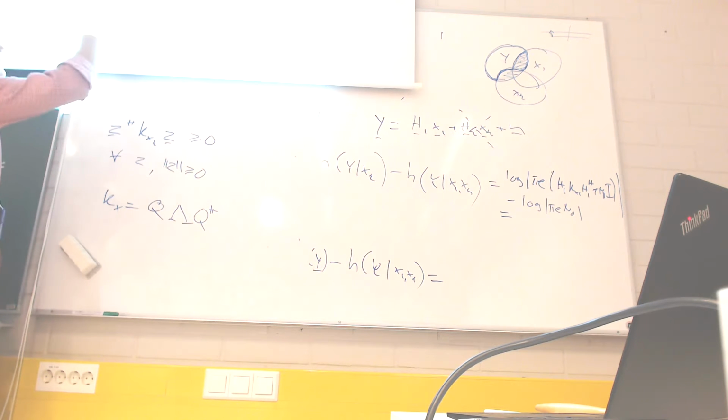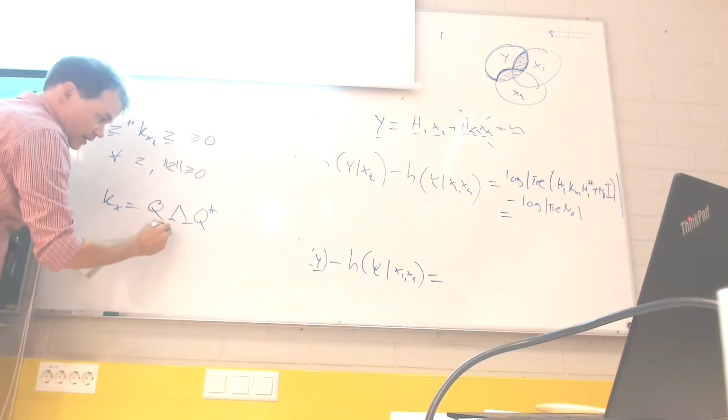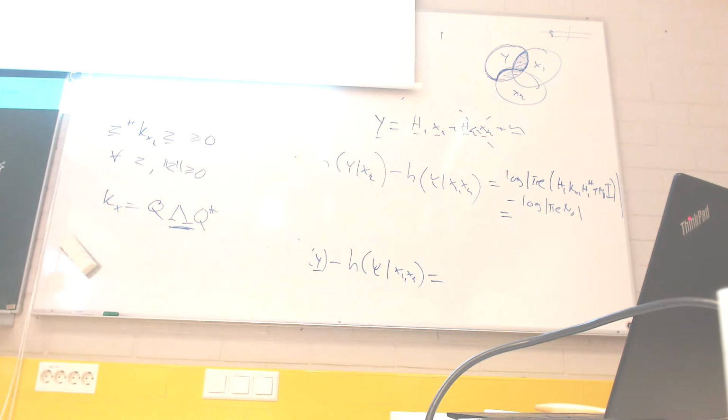This implies that all the eigenvalues have to be non-negative, larger than or equal to 0. That's the positive semi-definite condition. And this is useful when we pose this problem as convex and write them as semi-definite problems.